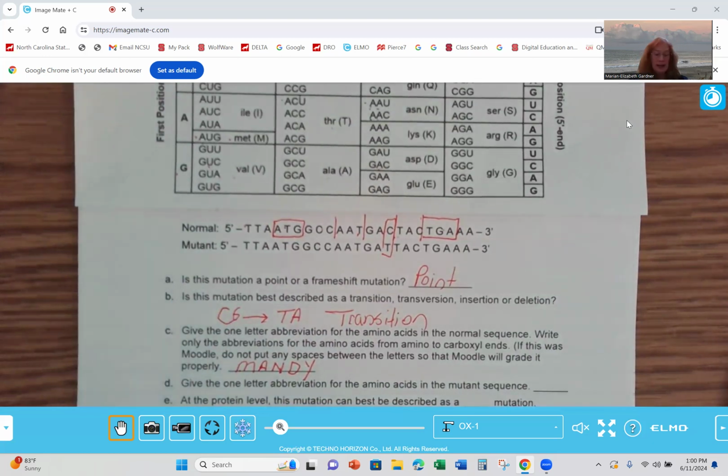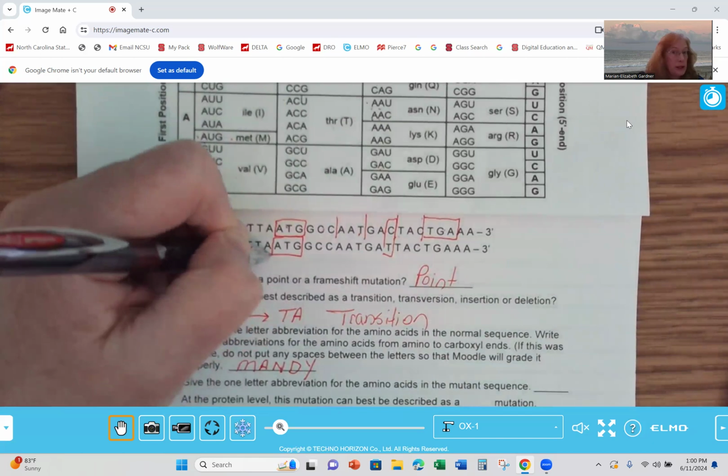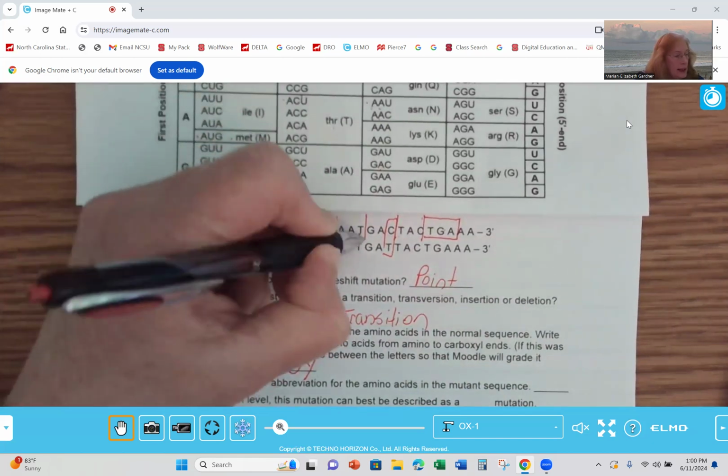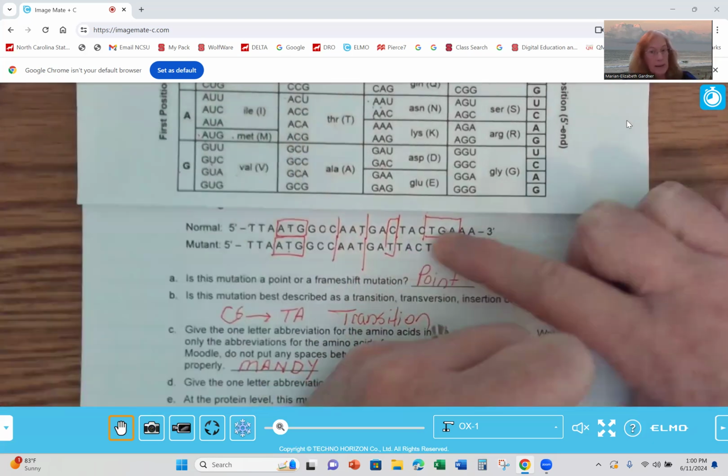Now we want to do the same thing for the mutant sequence. Still AUG, still GCC, still AAU. So MAN is still the same.